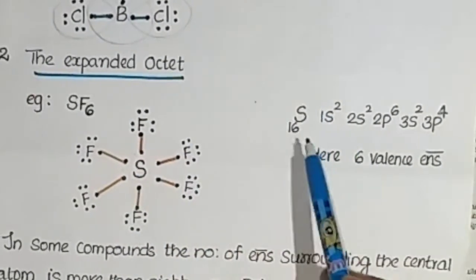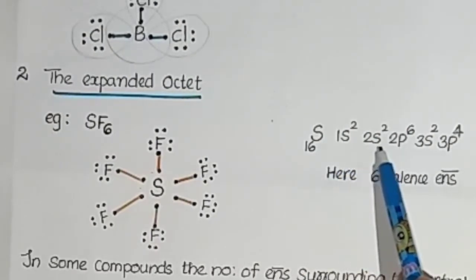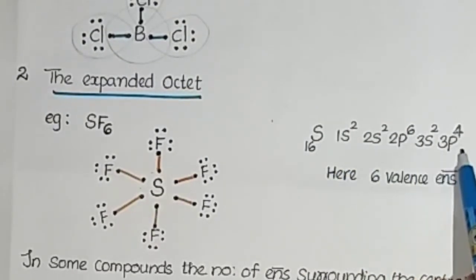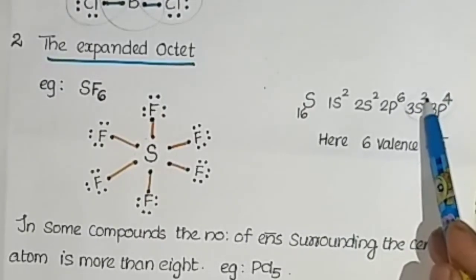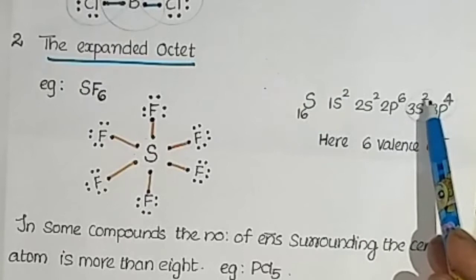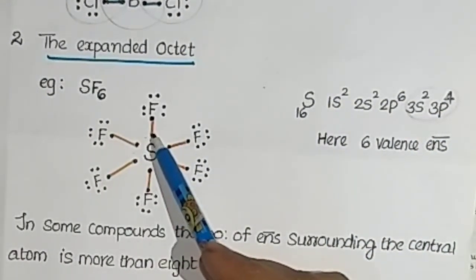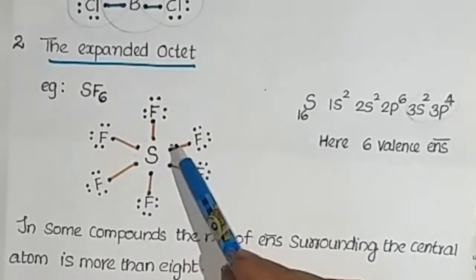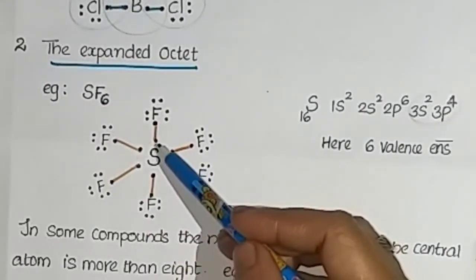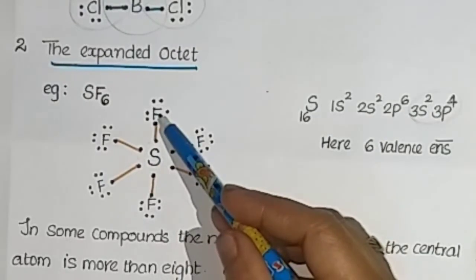You know sulfur, atomic number 16, has the electronic configuration 1s2, 2s2, 2p6, 3s2, 3p4. Here 6 valence electrons are present, 2 plus 4, 6 valence electrons. So first write sulfur, then 6 valence electrons are surrounded. These 6 valence electrons are covalently bonded with the neighboring 6 fluorine atoms.